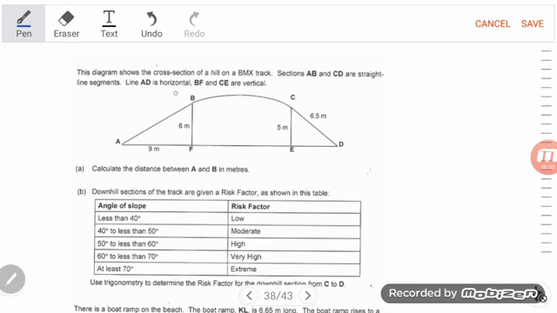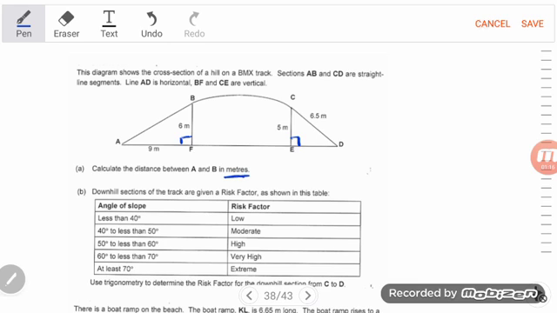Line AD is horizontal, BF and CE are vertical. Okay, so that automatically means that we have two right-angled triangles right over here. Calculate the distance between A and B in meters.